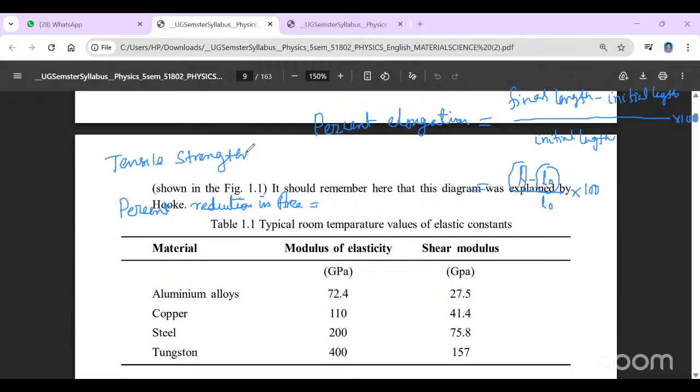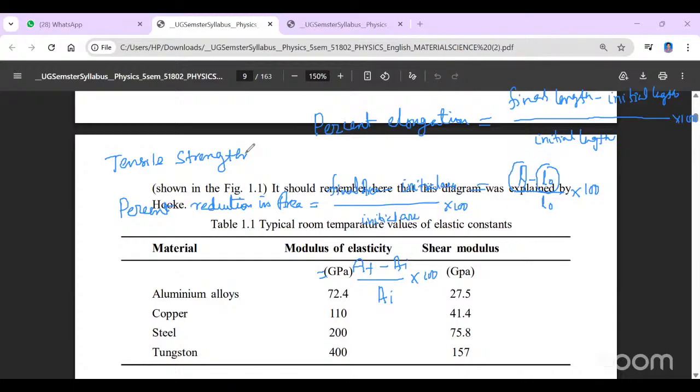Sorry, final area minus initial area, divided by initial area, into 100. We can write it as AF minus AI by AI into 100.